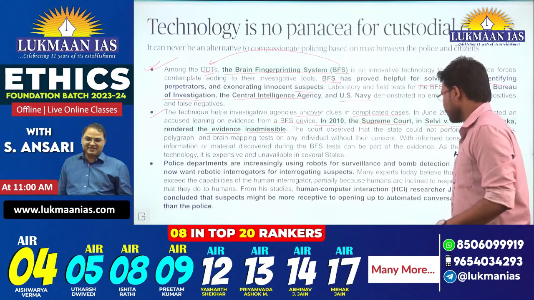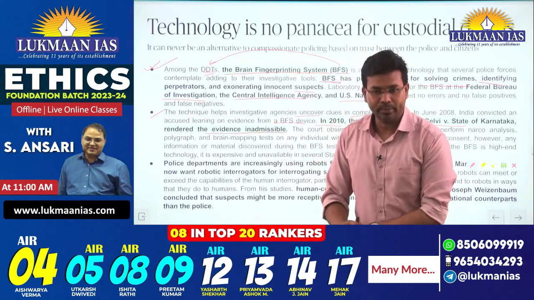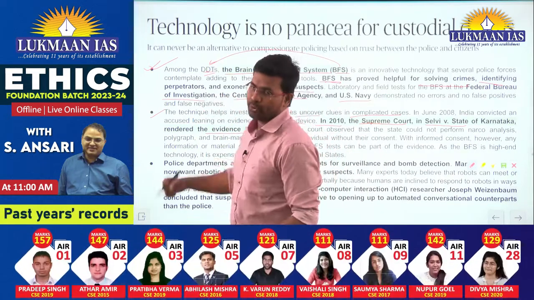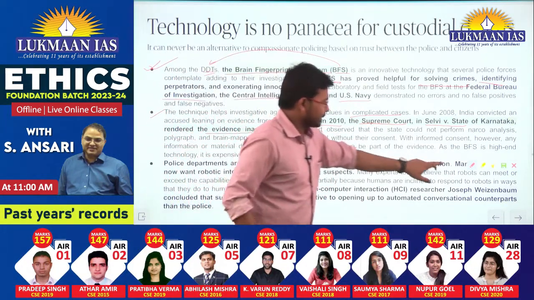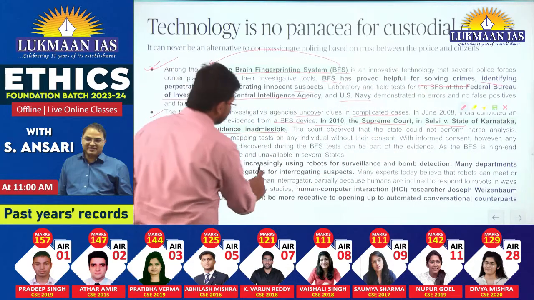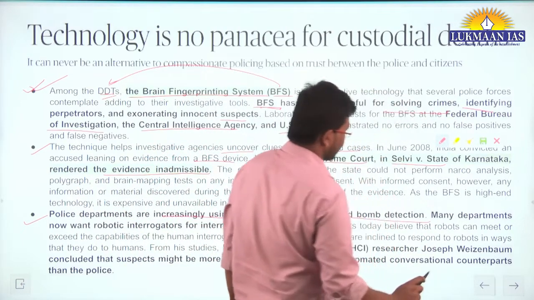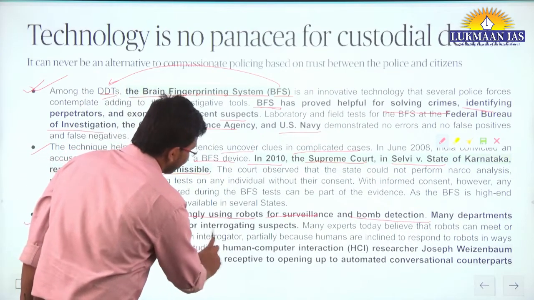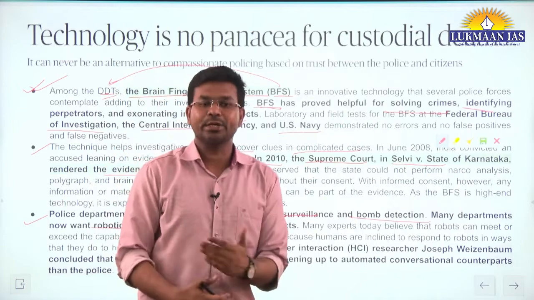Here the author highlights that the Supreme Court should relook into this matter to include BFS as admissible evidence in court cases, right? And apart from this, police departments are increasingly using robots for surveillance and bomb detection. Many departments now want robotic interrogators for interrogating suspects. Now here comes the less human approach.